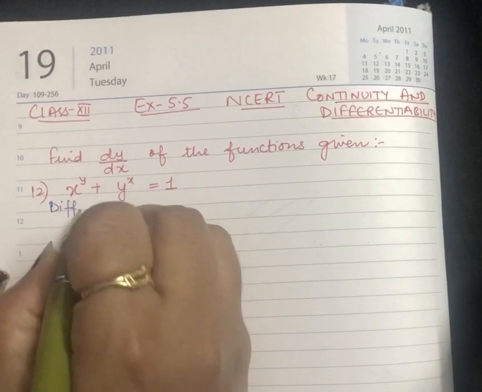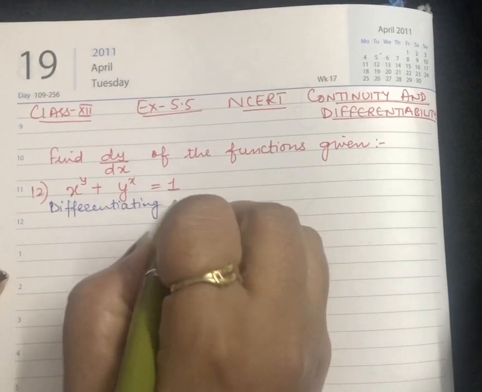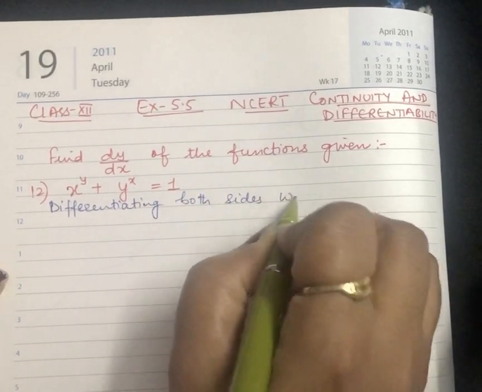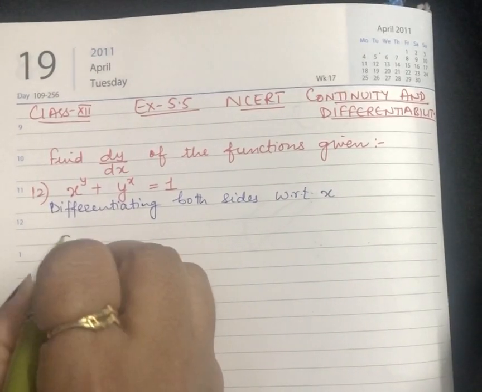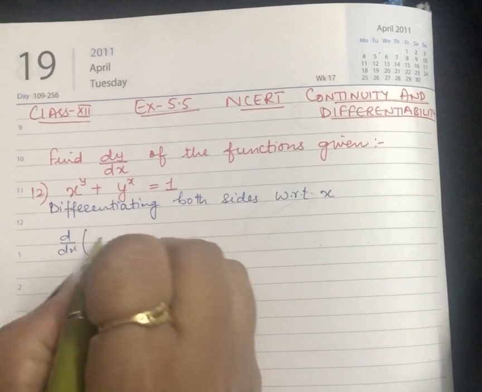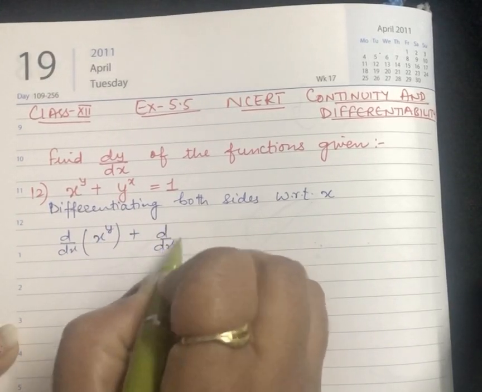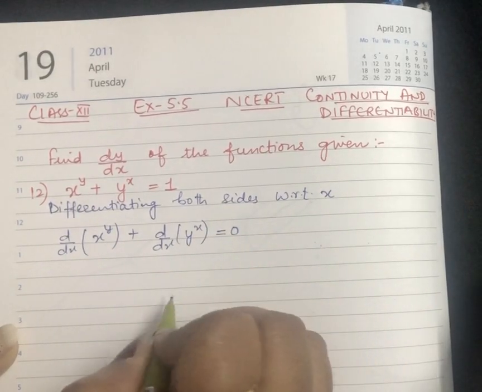So differentiating both sides with respect to x, what we get, d by dx of x to the power y plus d by dx of y to the power x is equal to 0.